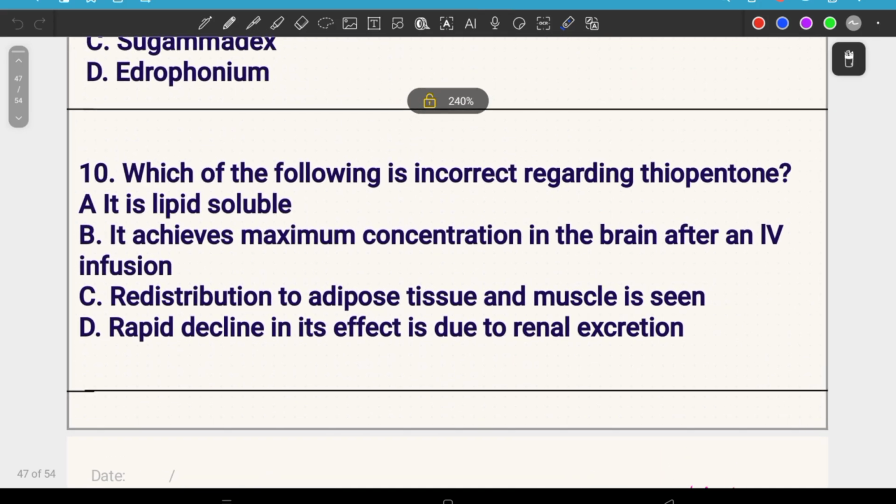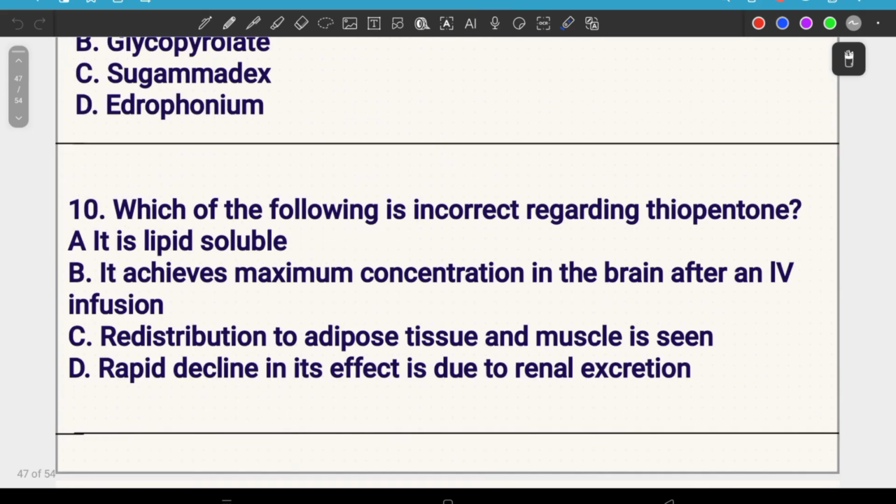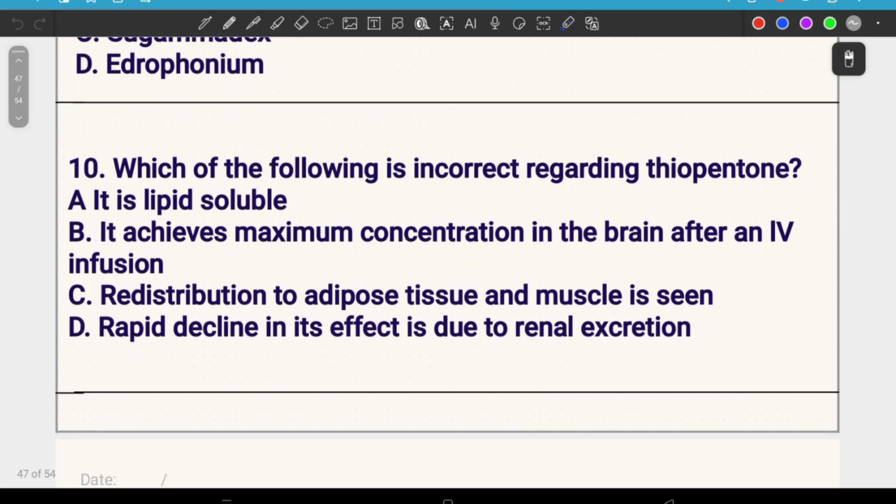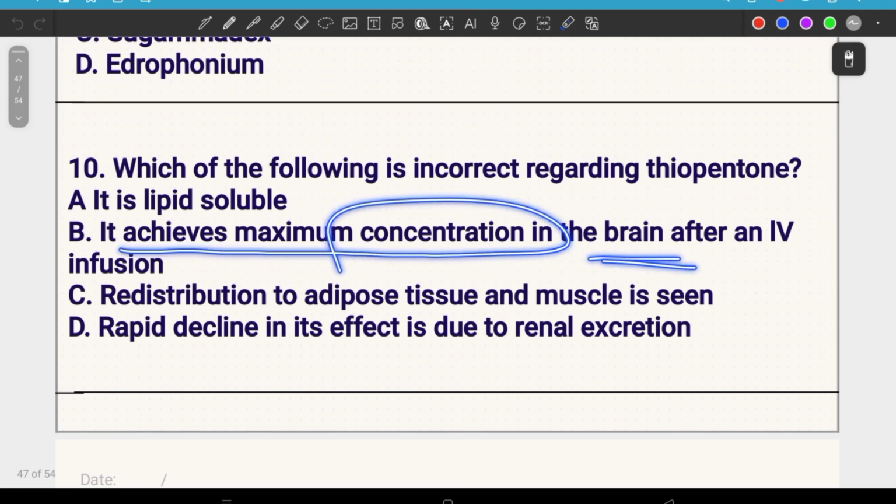Tenth one, which of the following is incorrect regarding thiopentone? It is lipid soluble. Yes, correct. Thiopentone is highly lipid soluble, hence it will redistribute very fast to the adipose tissue, muscles, brain, etc. So it achieves maximum concentration in the brain as soon as you administer.